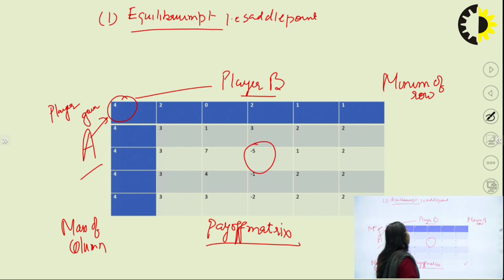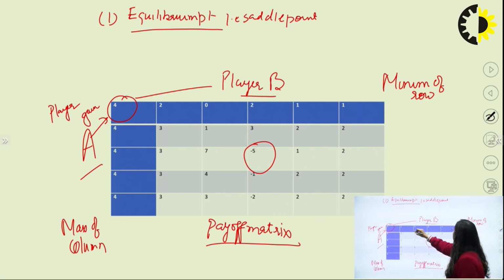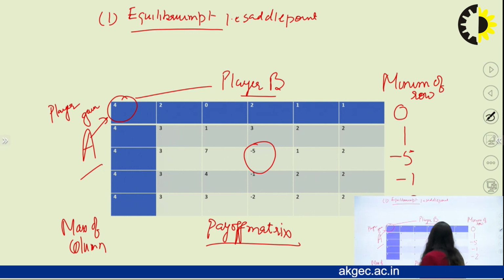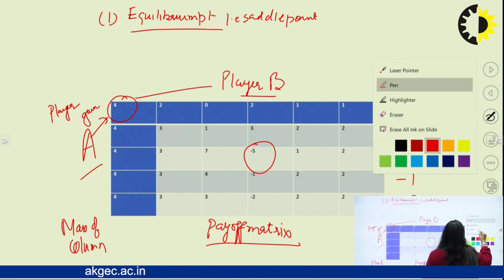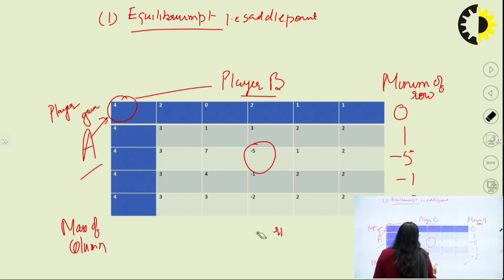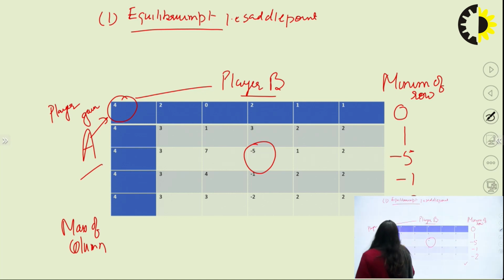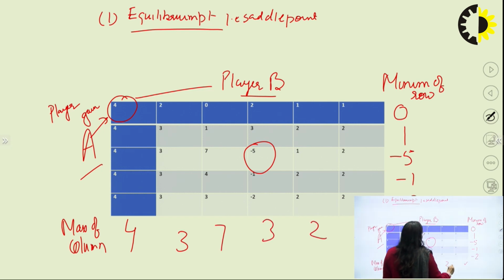Now, in this row, the minimum is 0. Here it is 1. Here it is -5, -1, -2. Similarly, we will find the maximum of each column. This is 4. Here it is 3, 7, 3, 2, 2.